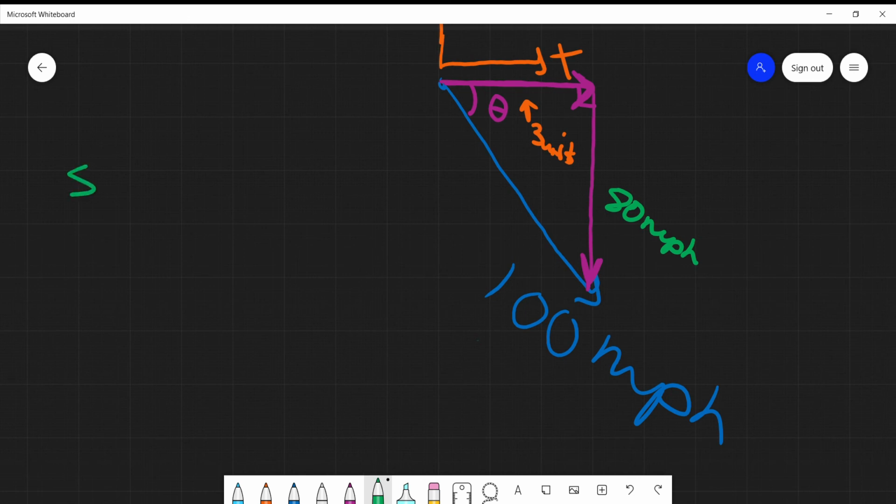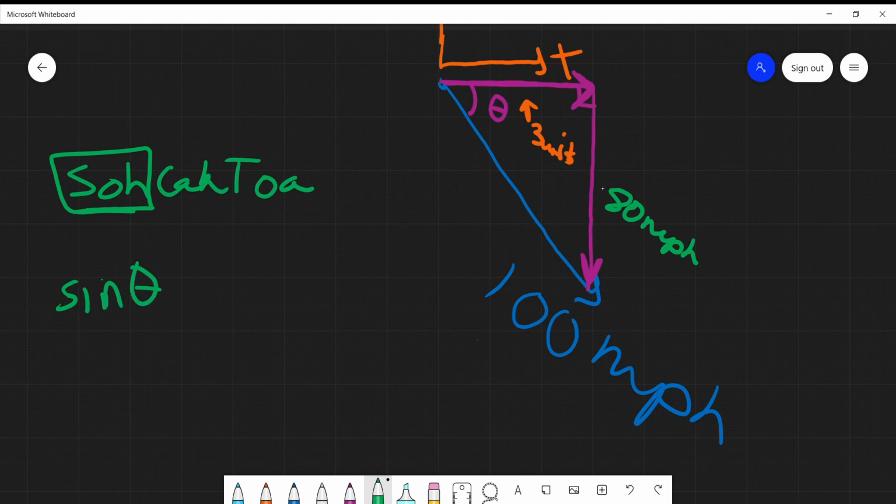So if we use SOHCAHTOA, we have one side, and we have the hypotenuse, and the side that we have is opposite. So we have to use the SO component of SOHCAHTOA. So we get the sine of our angle equals opposite over hypotenuse.